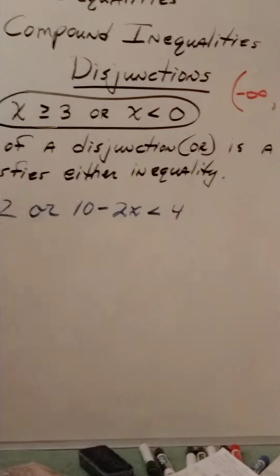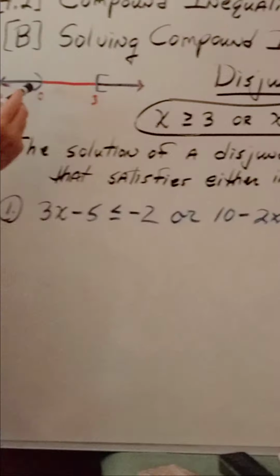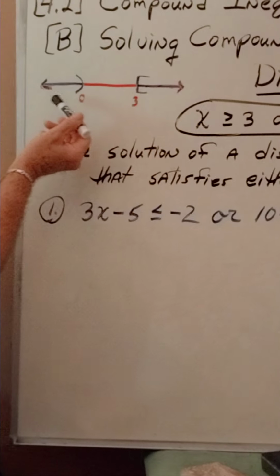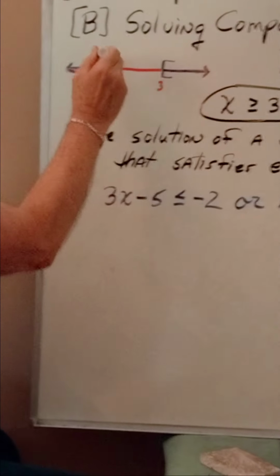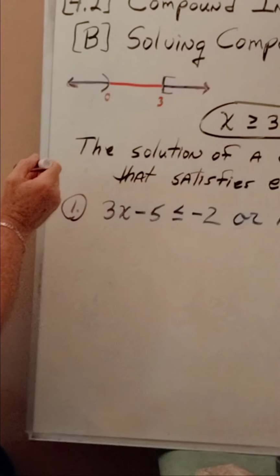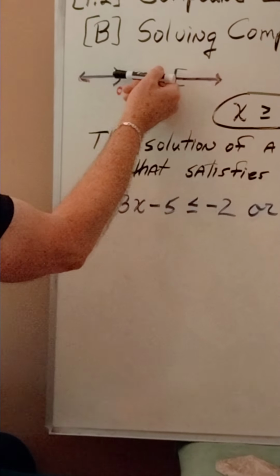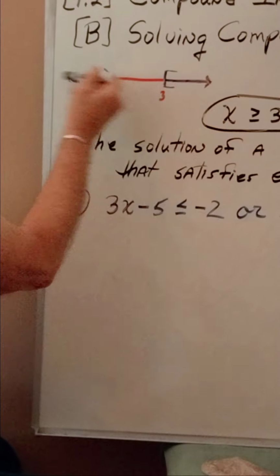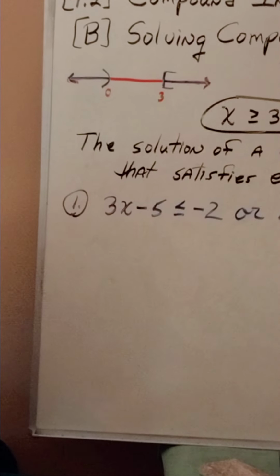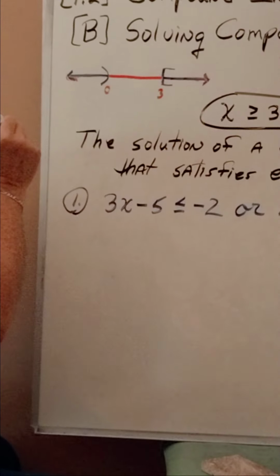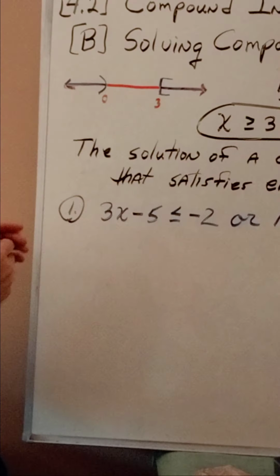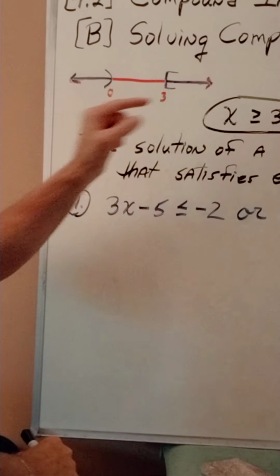Or x is less than 0. Or x can be any number that is less than 0. So we put a parenthesis right through 0, we project it less than 0, and we shade the number line in a negative infinity direction. And this would be the graph of this disjunction.